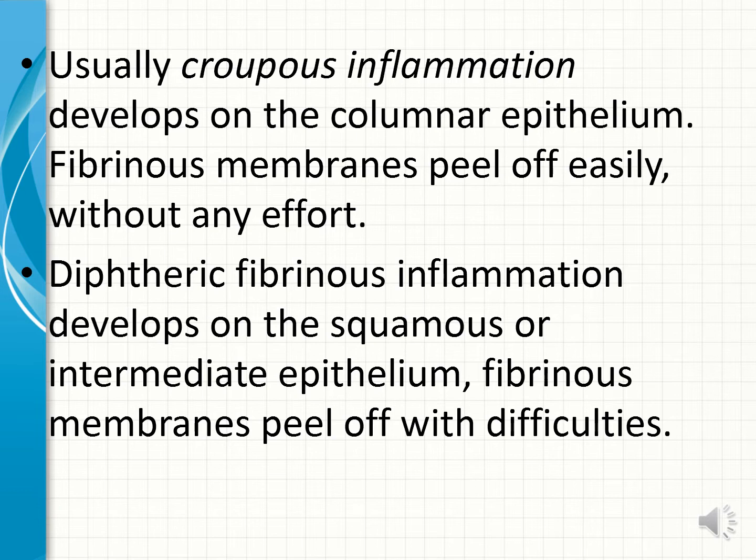It develops on the columnar epithelium. Fibrinous membranes peel off easily without any effort. And the other subtype, diphtheric fibrinous inflammation, develops on the squamous or intermediate epithelium. And fibrinous membranes peel off with some difficulties. And as a result, we see some tissue injury in this area.